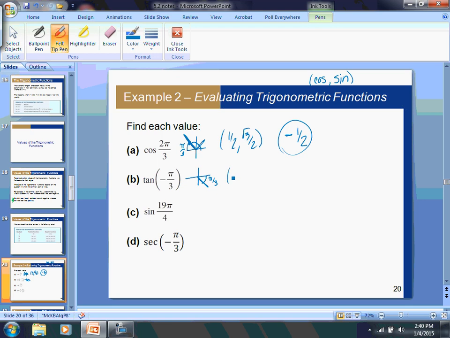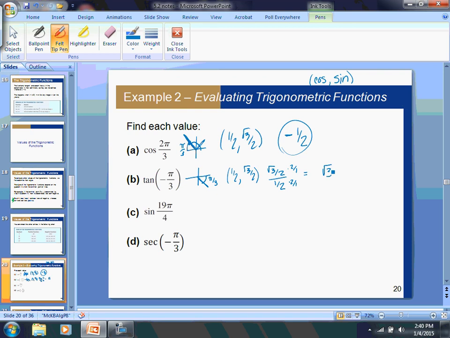Well, that's what I had up above, too, for part A. So that's 1/2 and square root 3 over 2. Now remember, it's tangent, so I'm going to do sine over cosine. So the sine was the y, and the cosine was the x. So we're going to do square root 3 over 2 over 1/2. So I'm going to multiply by the reciprocal to get those double fractions out of there. So I end up with the square root of 3.